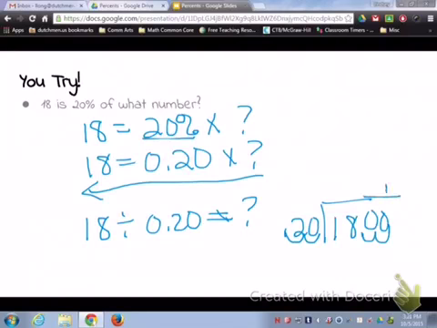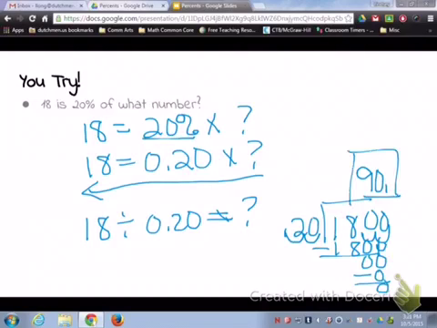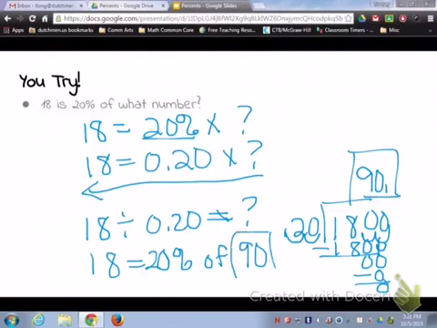Decimal moves up. 20 will go into 180 9 times. 9 times 20 is 180. I subtract and get 0. Bring down my next 0. 20 goes into 0 0 times. I get 0 and I subtract. So I'm left with 18 is 20% of 90. And 90 would be my answer.